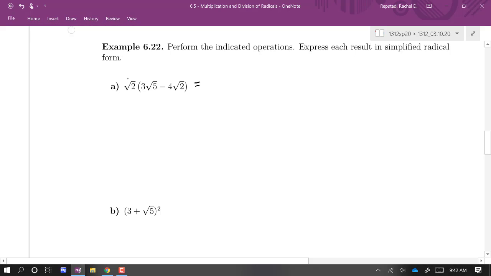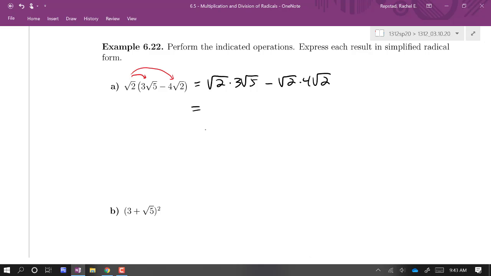So we get root 2 times 3 root 5 minus root 2 times 4 root 2. And now individually, each of those products is a single radical, right? So square root times square root, we can do that multiplication inside. So that first product is 3 root 10.